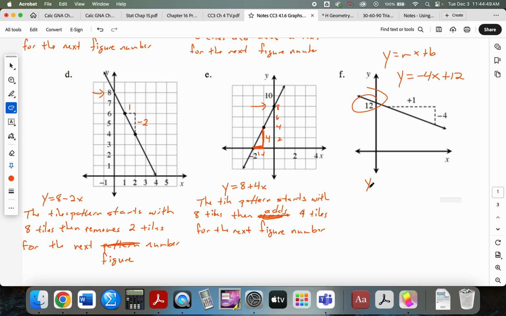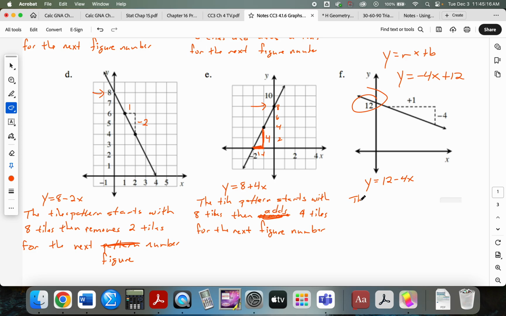As a geometry teacher and a calculus teacher, I think it's dumb. See? I always just do it this way. Where did it start? And then how many tiles are you adding or subtracting each time, which is why it's times x. Each time you go to the next figure number, we're going to add or subtract a certain number.